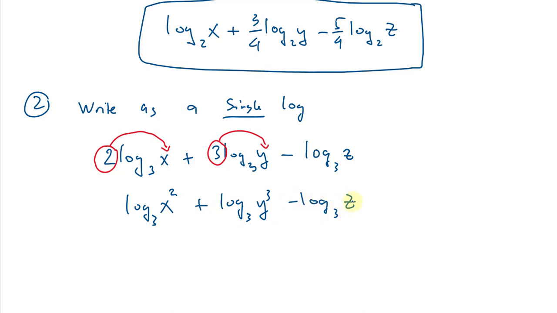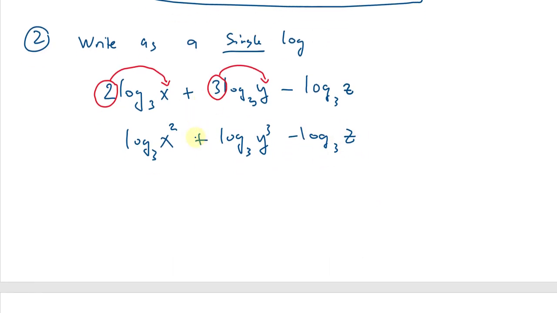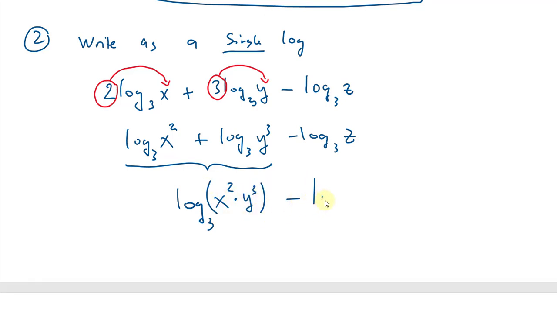log base 3 of z. Now we see that this is the addition. We have the same log base 3, the same log base 3, the addition. So we can combine that together with the log base 3, right? Addition means this should be the product between x squared and y cubed. Okay?